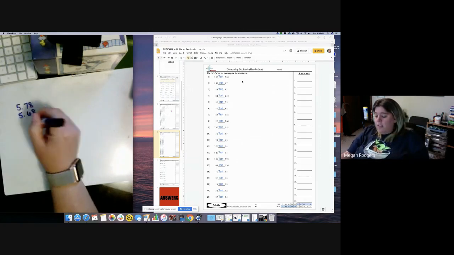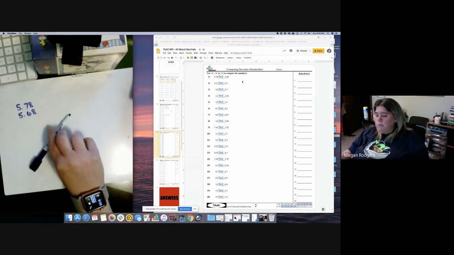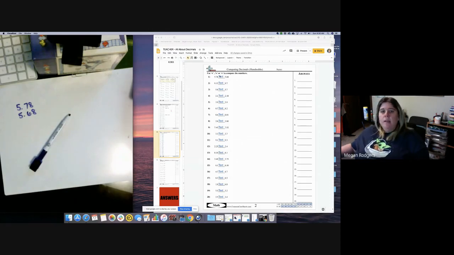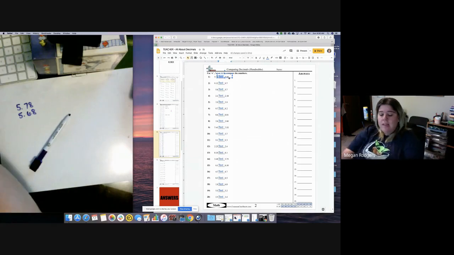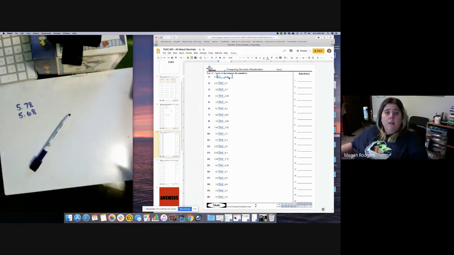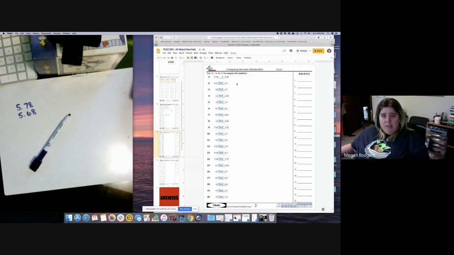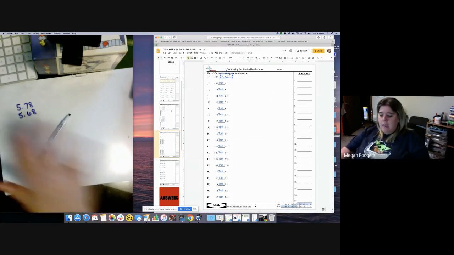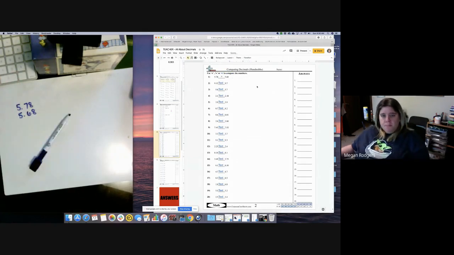So hopefully that one's kind of self-explanatory. To get the greater than symbol, that's shift period. It is pronounced greater than because that's what you're saying. 5 and 78 hundredths is greater than 5 and 68 hundredths.